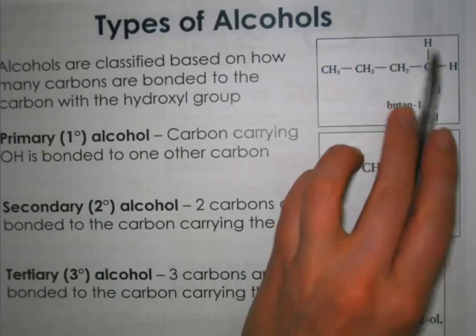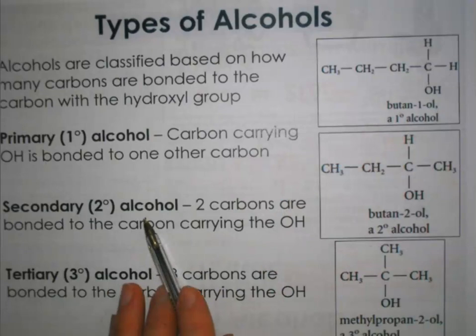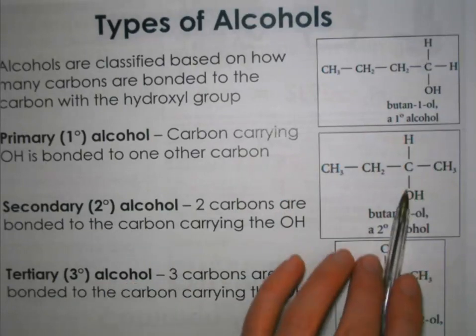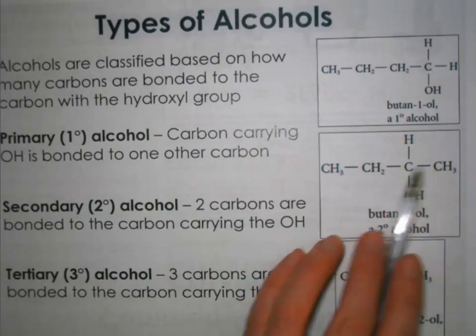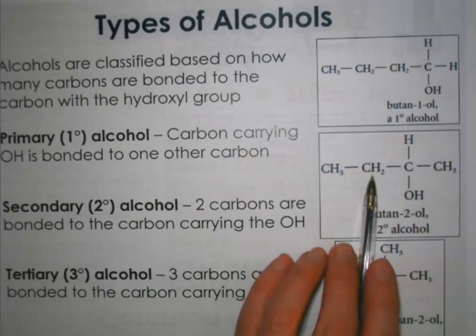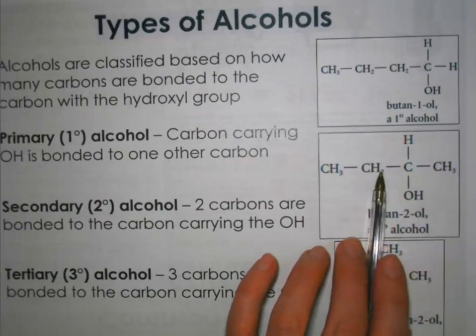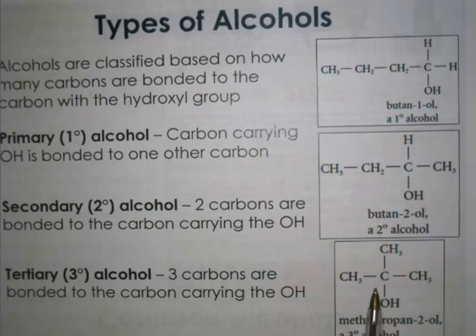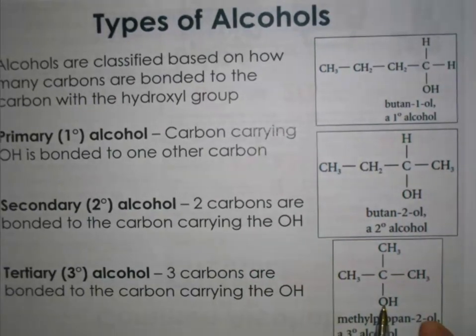Everything else attached to it is a hydrogen. For a secondary alcohol, the hydroxyl group is attached to a carbon that has 2 other carbons attached. So it's kind of more centrally located in a chain, for example. And then for tertiary, you probably could figure this out. We have the hydroxyl group attached to a carbon that has 3 other carbons attached to it.